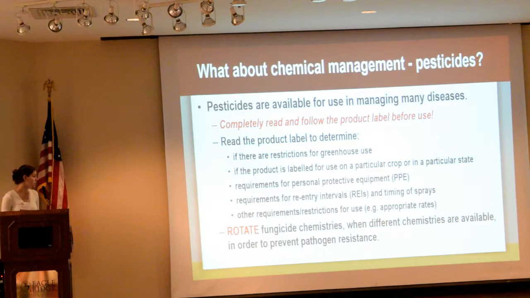And then, particularly in order to prevent the buildup of resistant pathogen populations and to maintain the fungicide chemistries that we do have, you want to rotate fungicide chemistries or products that utilize different modes of action so that you are not building up a pathogen population that you then don't have any means to control.